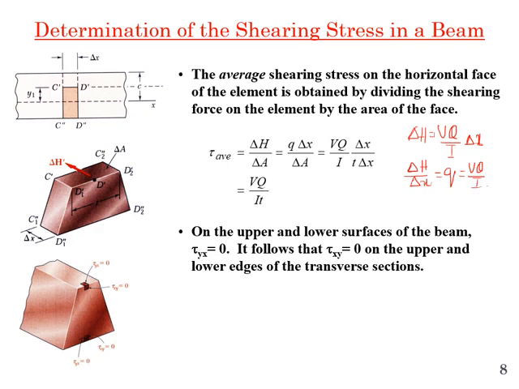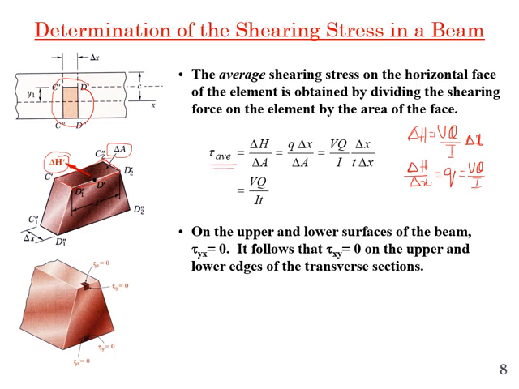Okay. Now let's take this bottom element, and we calculated the shear force on the horizontal face, this face, and we are interested in what is the shear force or shear stress on that. Now if I divide this delta H by this smaller area, delta A, that will give me the shear stress.